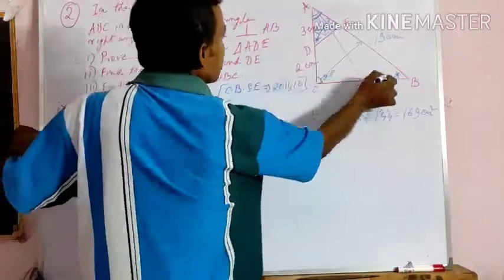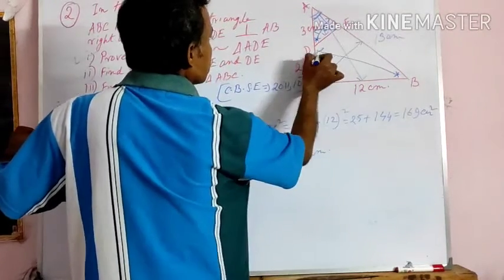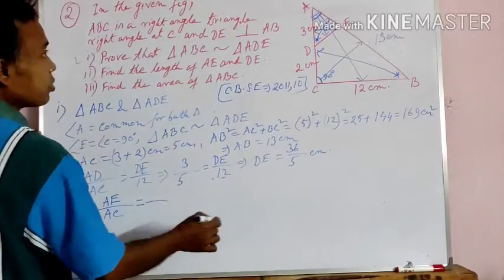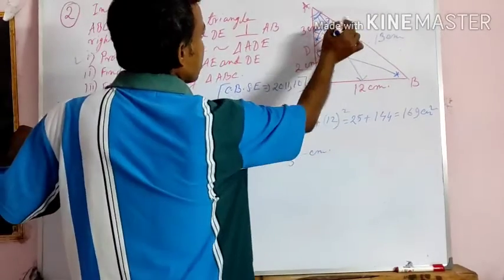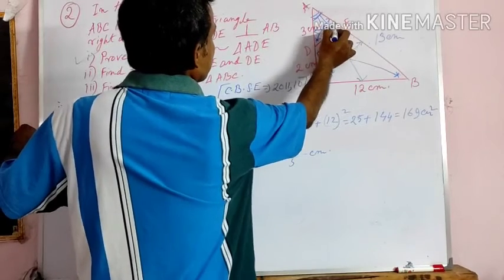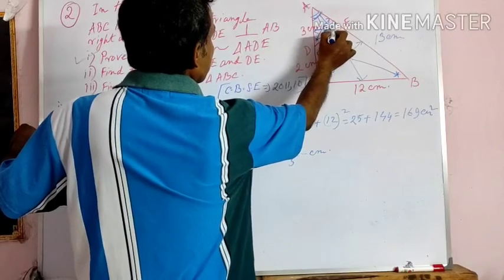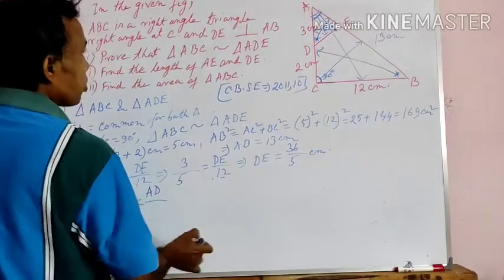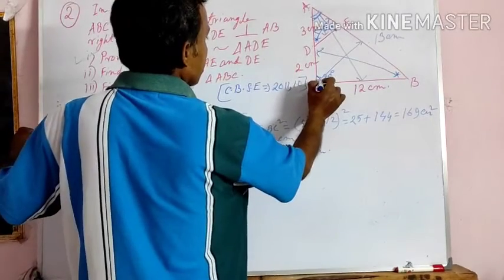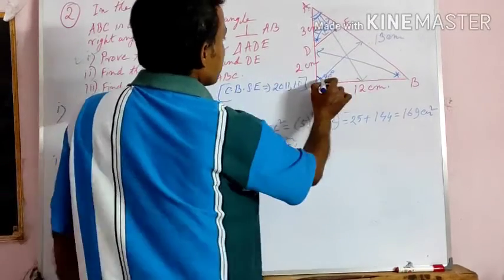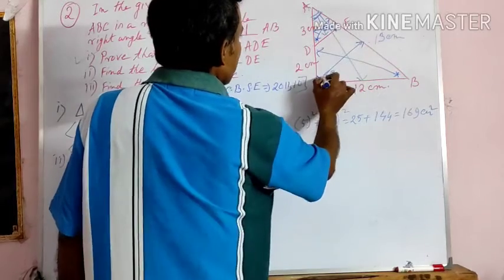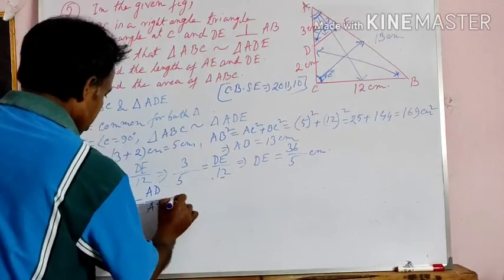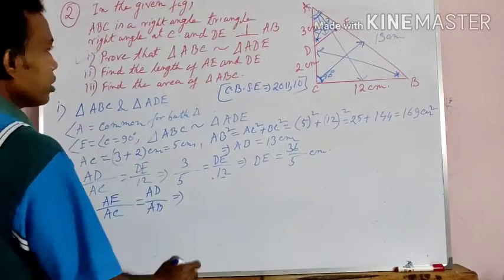Now for angle ABC the side is AC, AE already done, and in front of the 90 degree angle, AD by AB. Now just put the values.